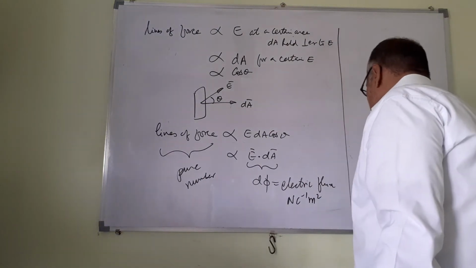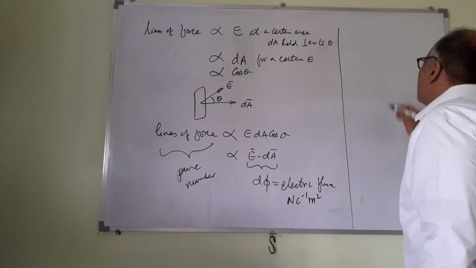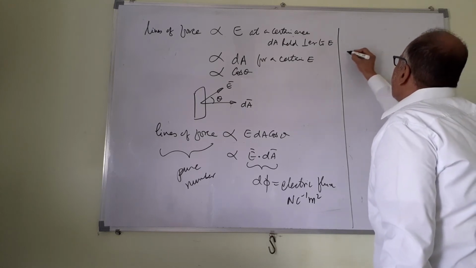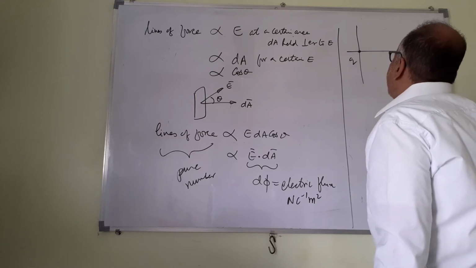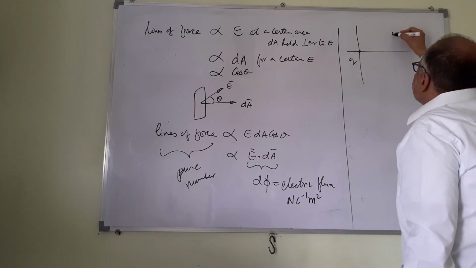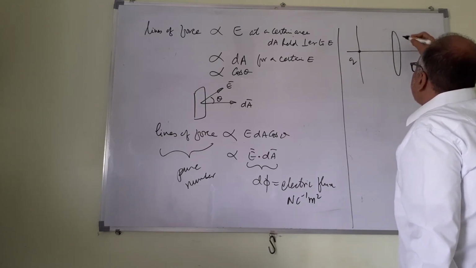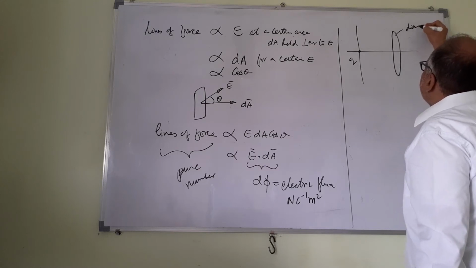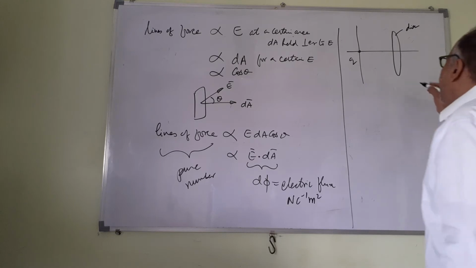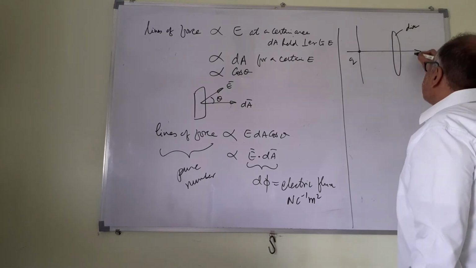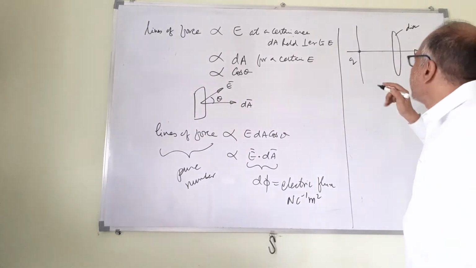So let us now take a problem where you have a charge q here, a point charge q here, and here there is a disk. There is a disk here, and it is held perpendicular to the x-axis. The disk is perpendicular to the x-axis.